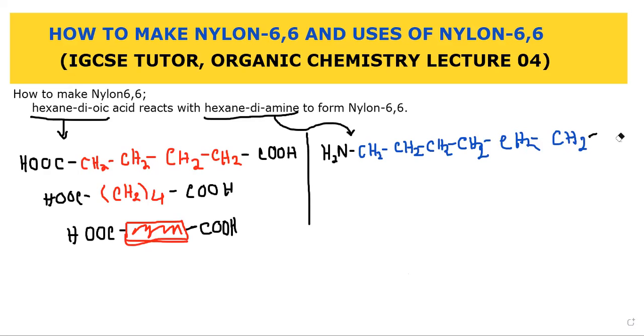Okay, let me just write it again. So, like we did with hexane dioic, we are going to shorten all the 6 CH2s in hexane diamine as well. So, before we shorten it, we have to make them together.